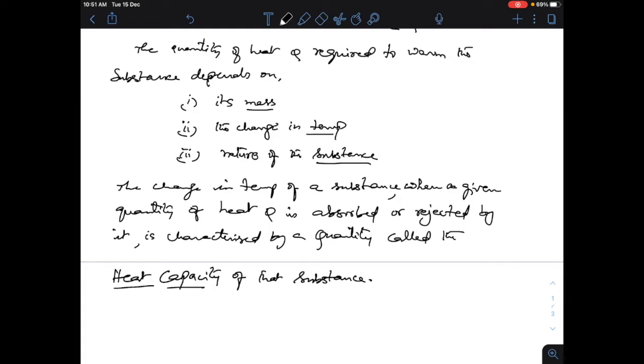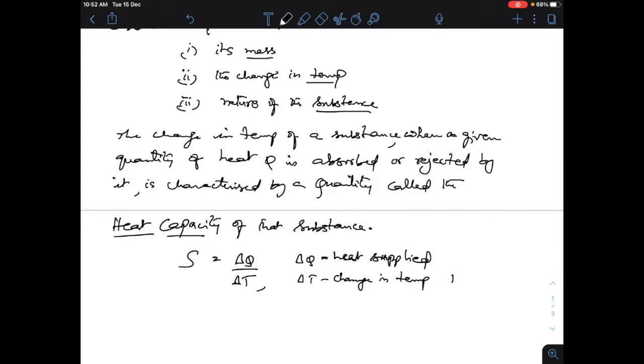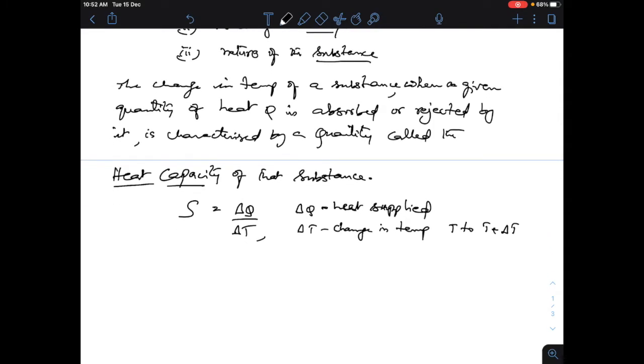So when a given quantity of heat Q is absorbed or rejected by it, it is characterized by a quantity called the heat capacity of the substance, denoted as S, and that can be written as delta Q by delta T, where delta Q is the heat supplied to the substance to change its temperature from T to T plus delta T. Then the change in temperature will be delta T. So this is the heat capacity of the whole substance.